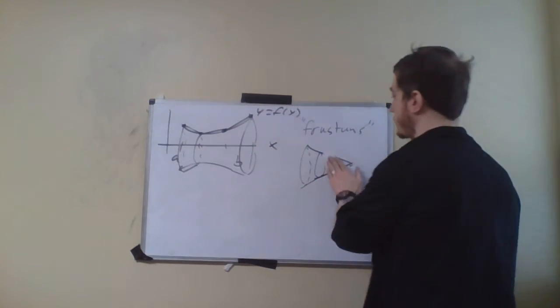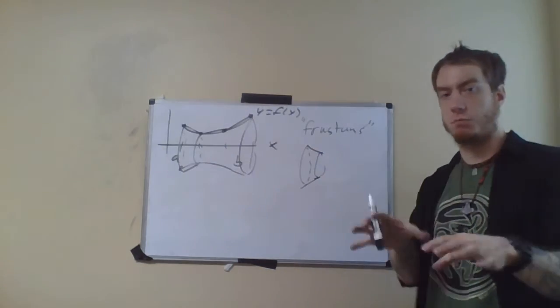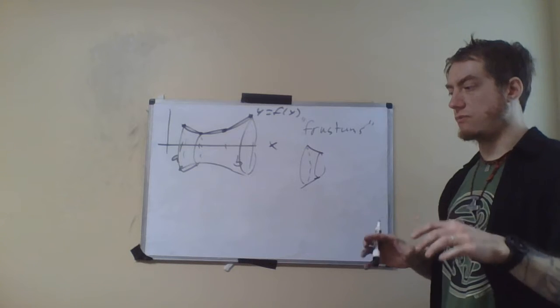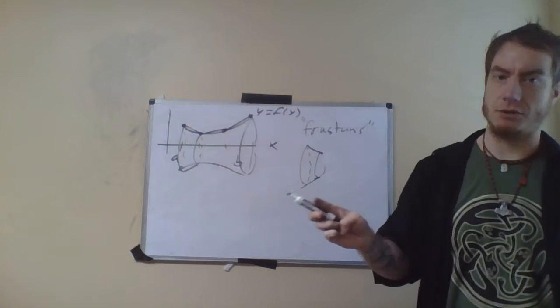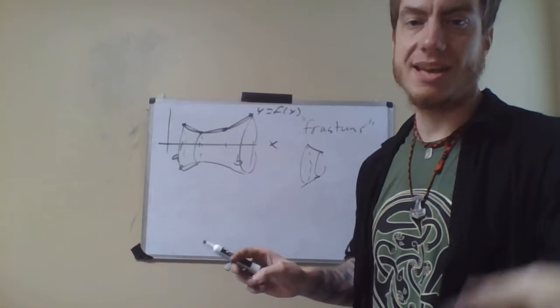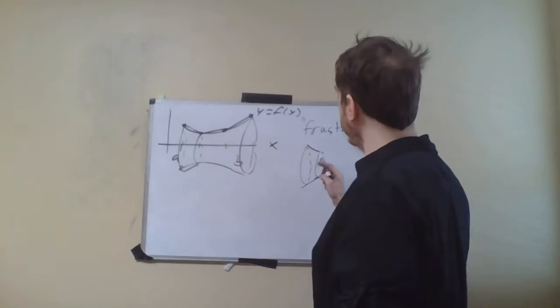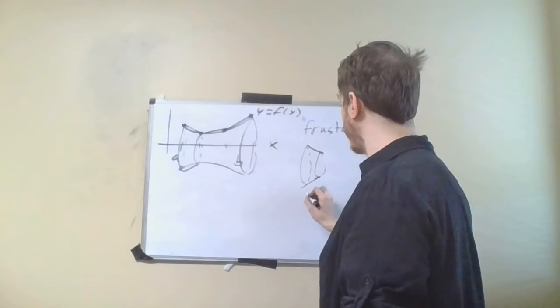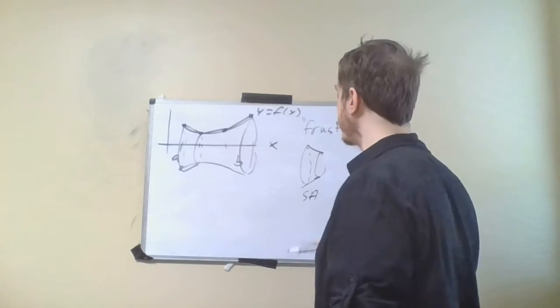To me, what this frustum shape looks like is one of those bowls people use to give water to their dogs. But that's neither here nor there in terms of what we're doing. What is the surface area of a frustum? I always add that R in there, and I shouldn't.